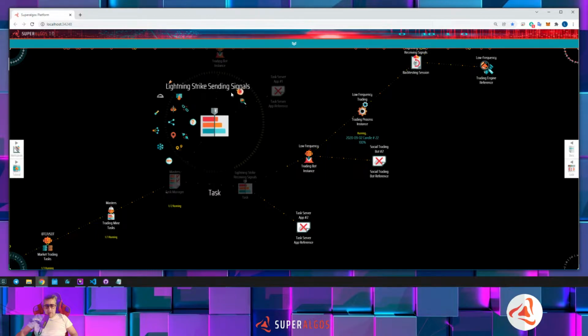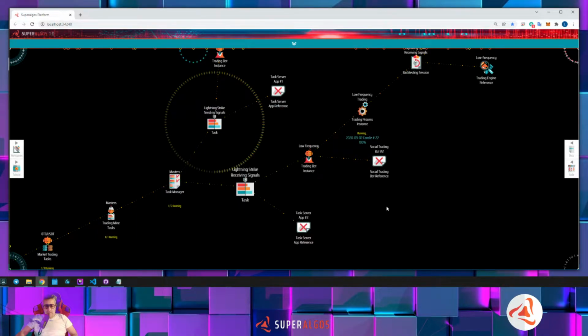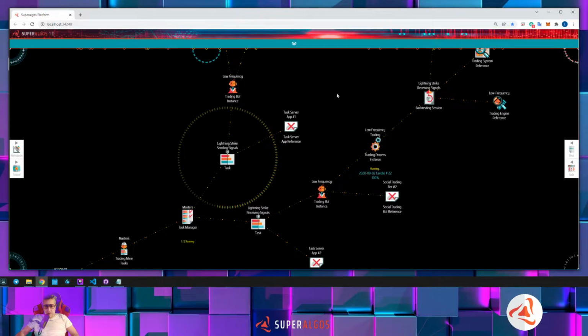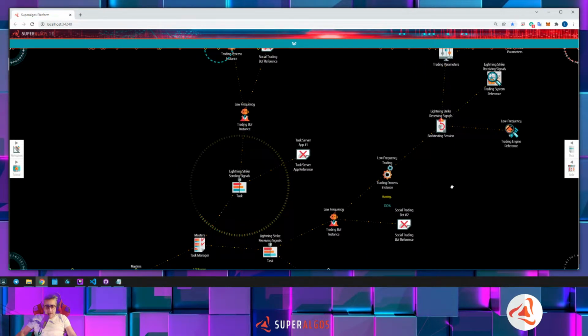But what we are going to do is to run both of them again directly on Node.js, so they will freely run all the way through the whole backtest until the end.